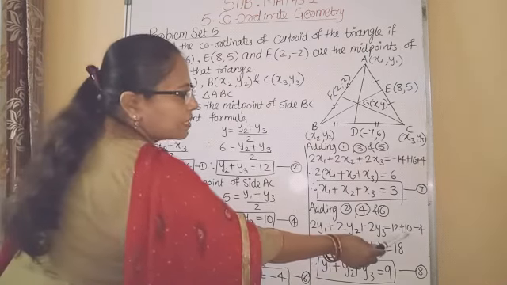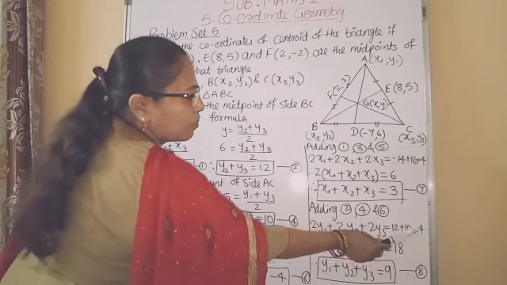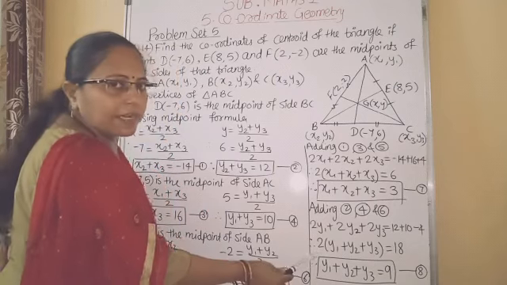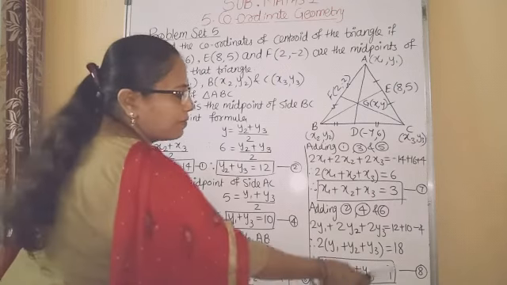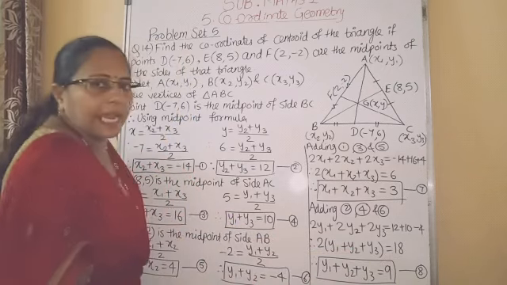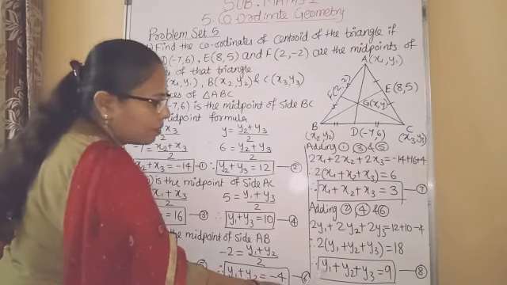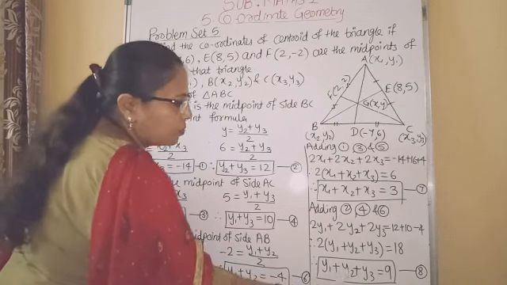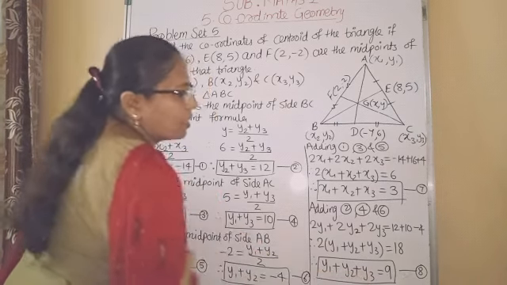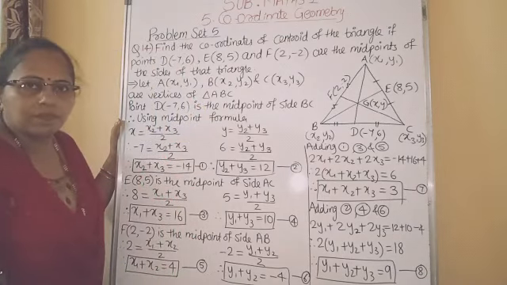Now 12 plus 10 is 22, 22 minus 4 is 18. Then take 2 as a common factor, and this 2 gets divided on this side. 2 nines are 18. So we get y1 plus y2 plus y3 equal to 9. This is our equation number 8.